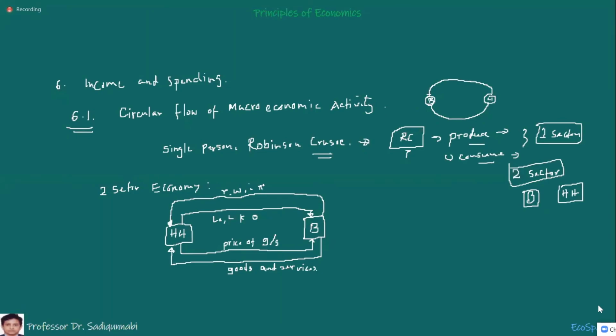Together these are called compensation of factor services, compensation to factors of production. So this is a very simple circular flow of resources.